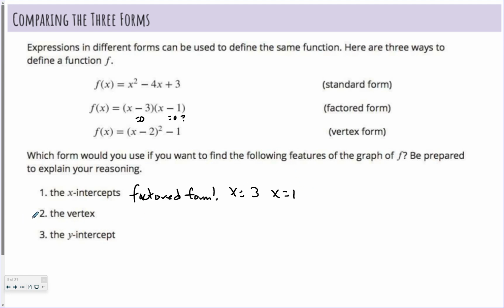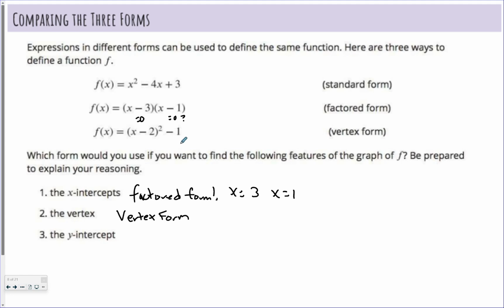All right, what about the vertex? Well, again, easy from the wording, right? Vertex form is what tells us the vertex. Just be careful because of a sign change and then a lack of one.